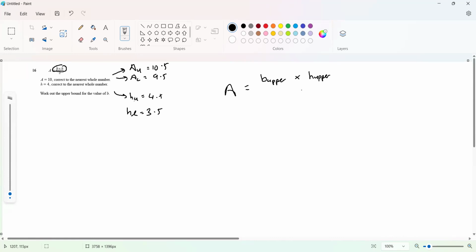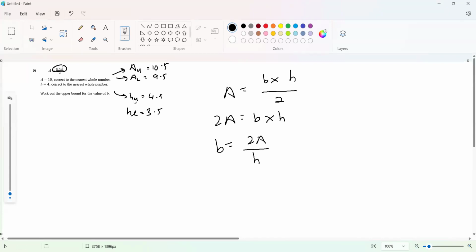They asked us to find the upper bound for b. So in other words, this is a equals b times h over 2. If we make b the subject first, that would be 2a equals b times h. So b equals 2a over h. I rearrange the equation first so it's easier to tell which is upper and which is lower.